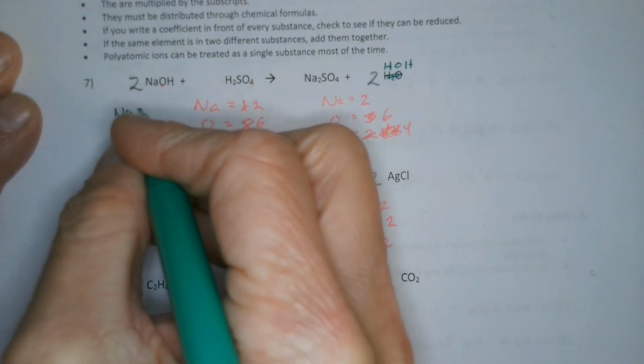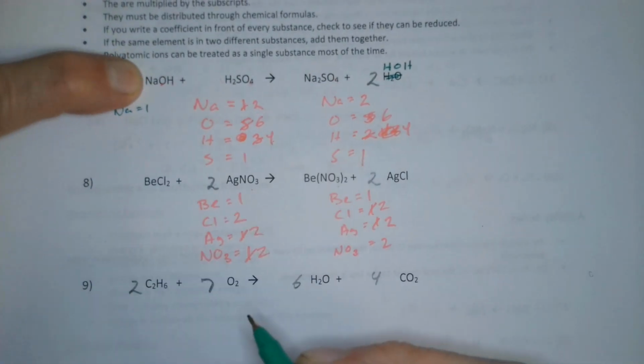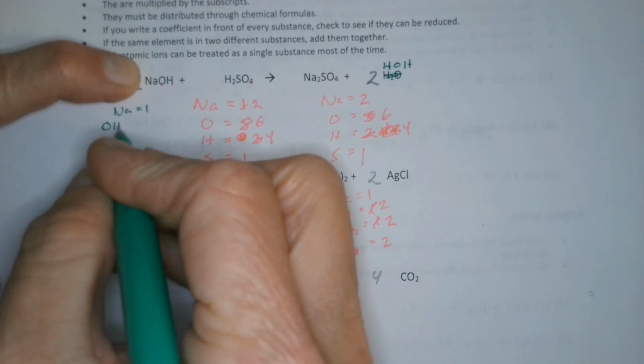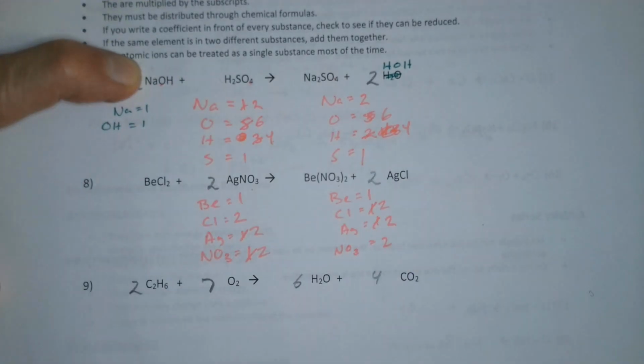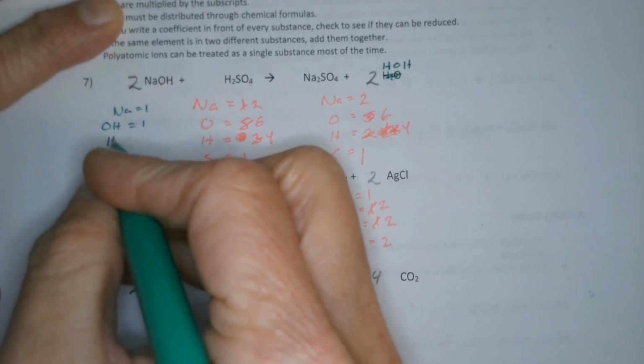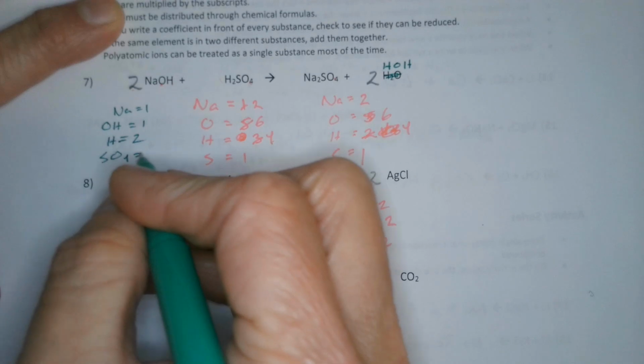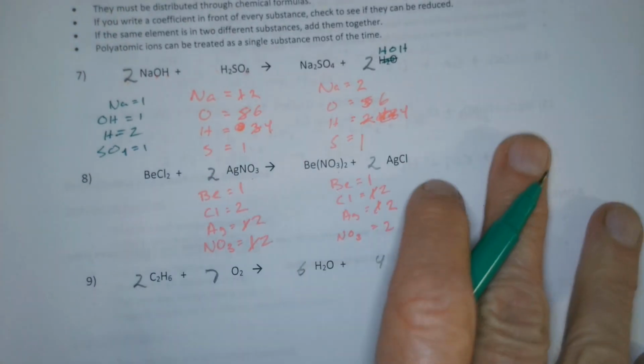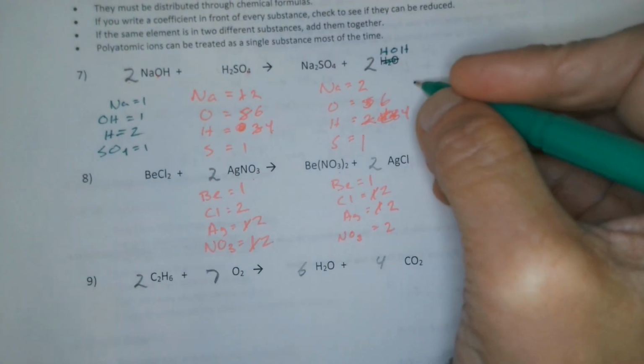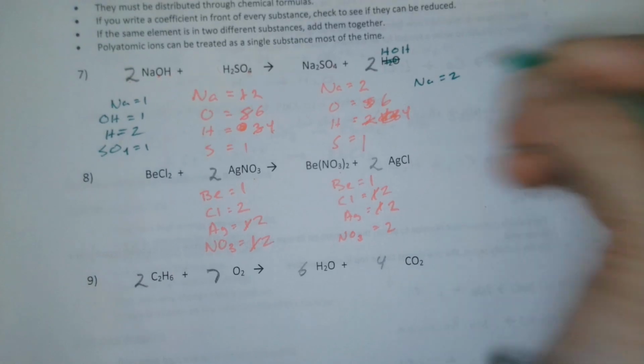I would have sodium, and there was 1 of them before we balanced. I would have hydroxide, no parentheses, so there's only 1 of those before we balance. The hydrogen would be 2, and the sulfate again, because there's no parentheses, would only be 1. Over here on the product side, again, before we balance, the sodiums are 2.